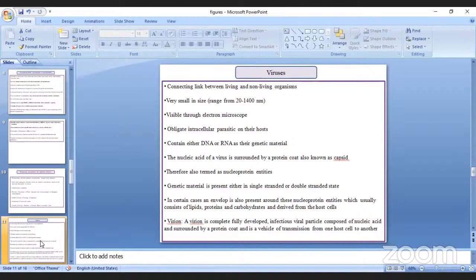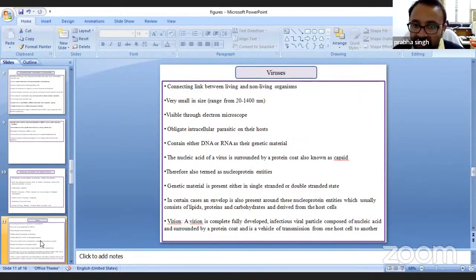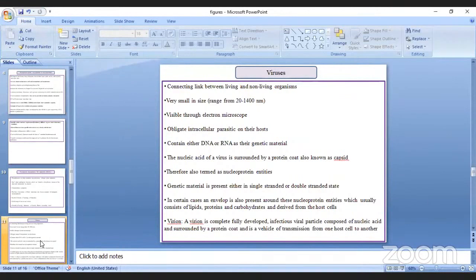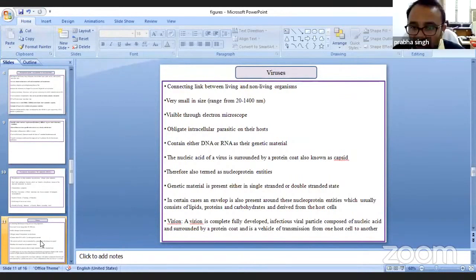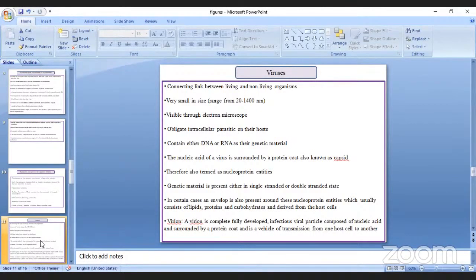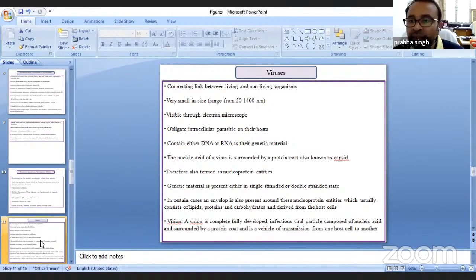Okay. So genetic material is present either in single-stranded or double-stranded state. In certain cases, an envelope is also present around these nucleoprotein entities, which usually consists of lipid, protein, and carbohydrate, right? So around the nucleoprotein entity or the capsid, we have an outer membrane. In most cases, this outer membrane is derived from the host cell.